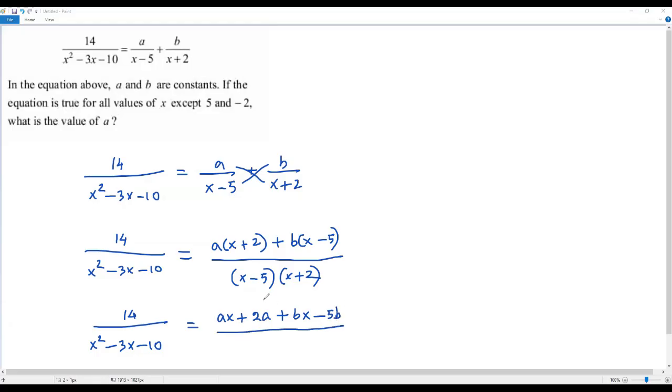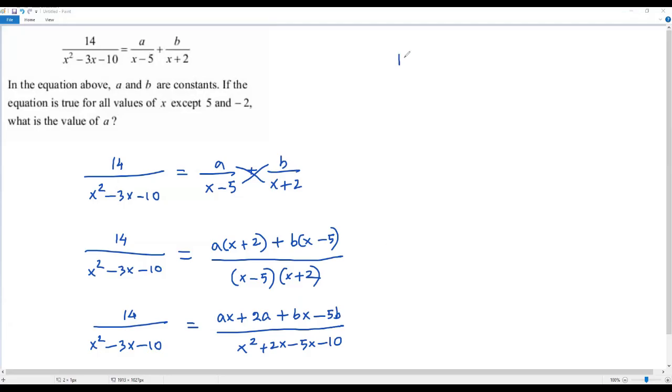Okay, now let me multiply these two binomials using the FOIL method. First, let me multiply the first terms. x times x is x². Let me multiply the outer terms. x times 2 is 2x. Now let me multiply the inner terms. −5 times x is −5x. Let me multiply the last terms. −5 times 2 is −10.